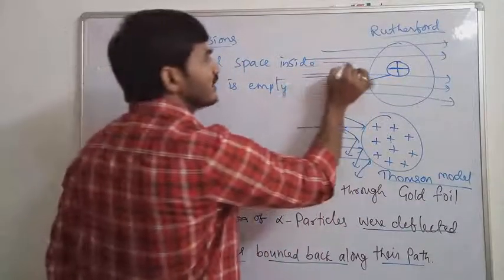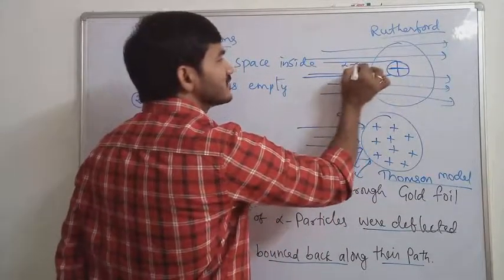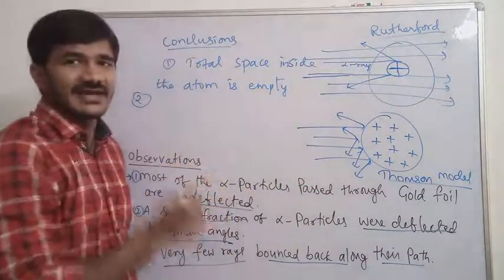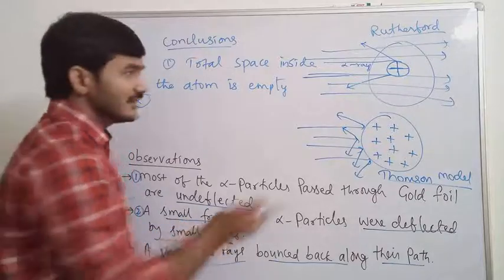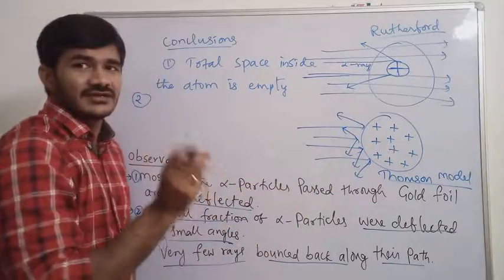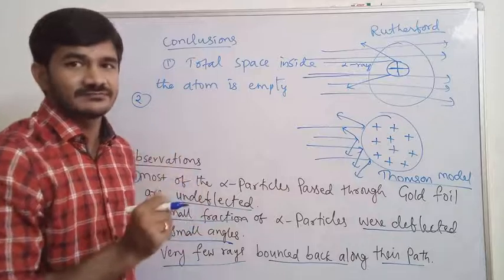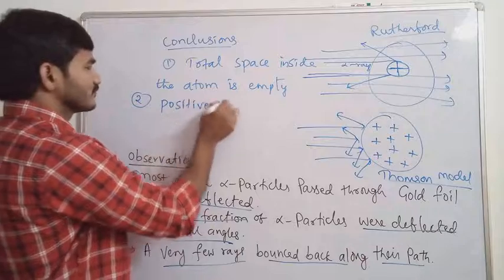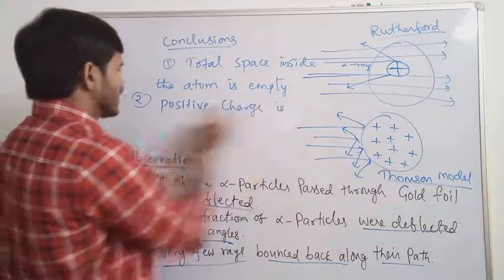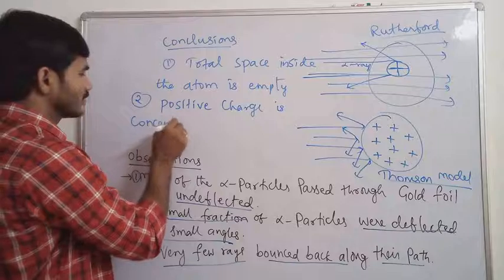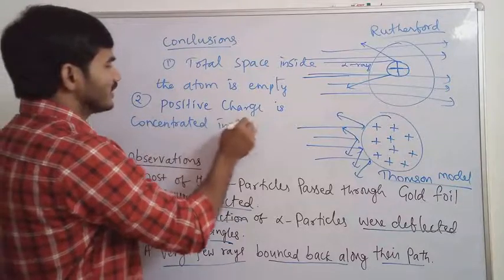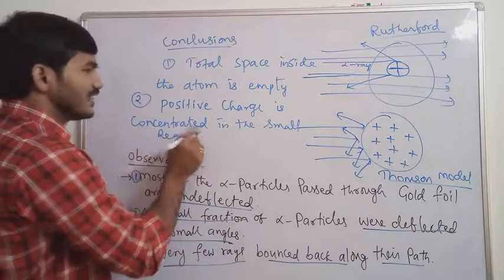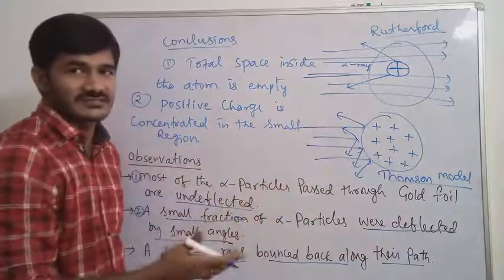Alpha rays have positive charge, this is also positive charge, so they should deflect with certain angles. So I can write here, positive charge is concentrated in the small region, not the total space of an atom like Thomson said.